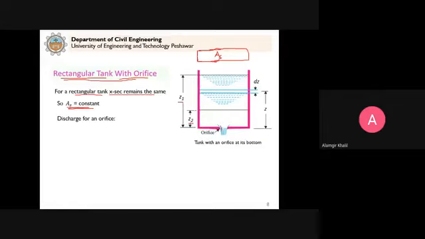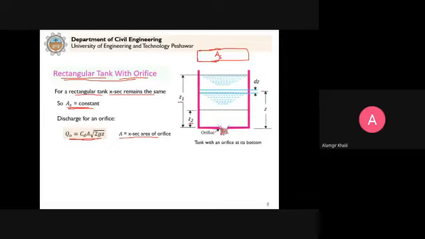Now we have discharge at the orifice, which in this case is at the bottom of the tank. For that, the equation is Q naught equal to Cd A into square root of 2gZ, where A is the cross-sectional area of the orifice. Here we are not discussing whether it is a circular, triangular, rectangular or square orifice, whatever.